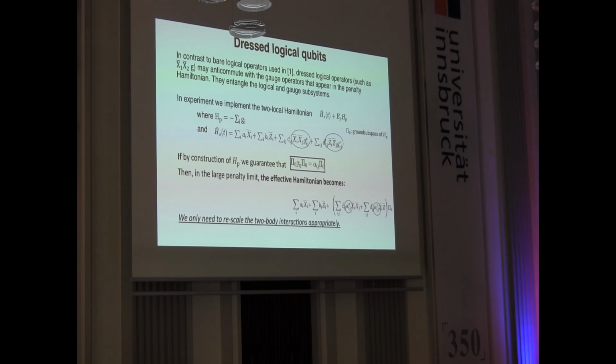Otherwise, it doesn't make sense. The computation might be so hard that just finding these coefficients is hard. But this is super important, that these coefficients are independent of the computation. So in principle, I can just run it on my device without performing computation, just as a quantum memory, measure these gauge operators, find these alphas, and now recalibrate any computation that I want to perform. That's a very important point, actually. Okay, very good.